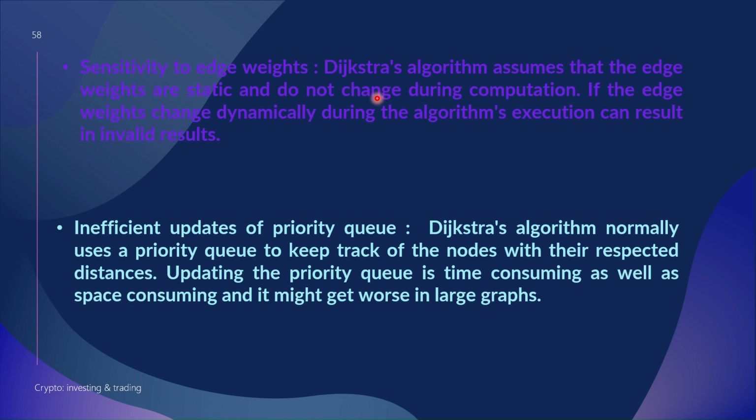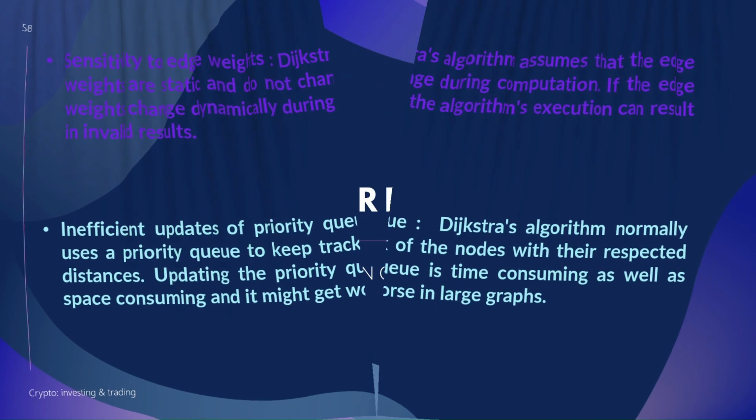So, Dijkstra's algorithm normally uses a priority queue to keep track of the shortest node path as well as the distances. And this priority queue, while updating, uses a lot of time as well as space. So, if the graph which we are traversing is much larger, then it might get worse because updating the priority queue is not an easy task.